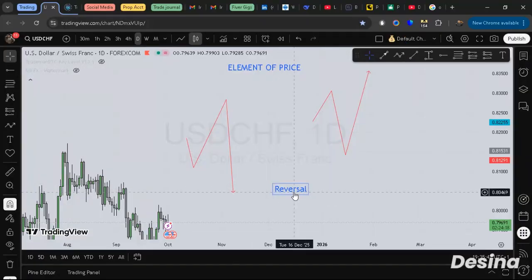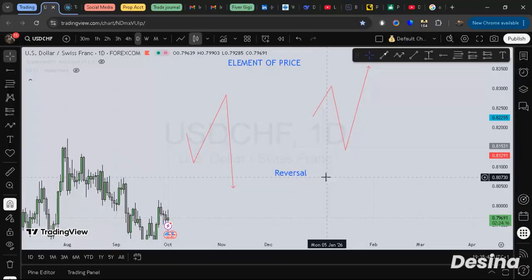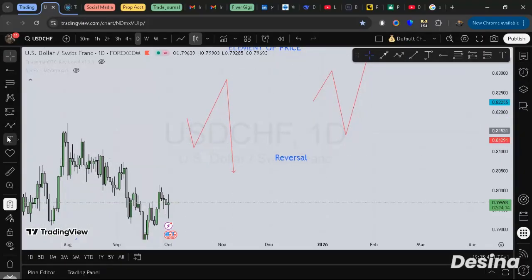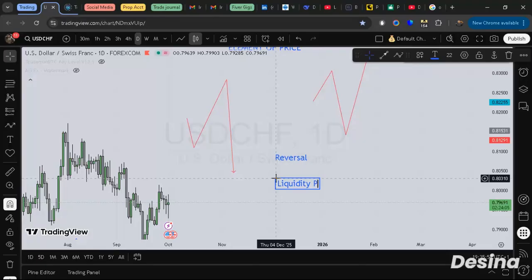And the reference point for a reversal is what we are going to call liquidity pool. Or we can also call it nested FVG, which is fair value gap.